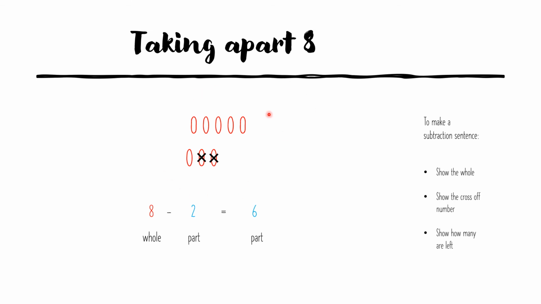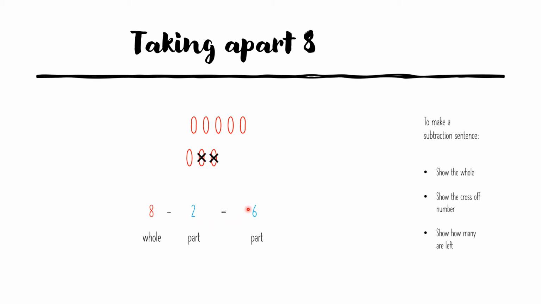Lots of information here. We know that there are how many circles altogether, kindergarten? That's right, there are 8 circles. We want to figure out next how many circles are taken away in this drawing. We notice that there are 2 circles taken away.